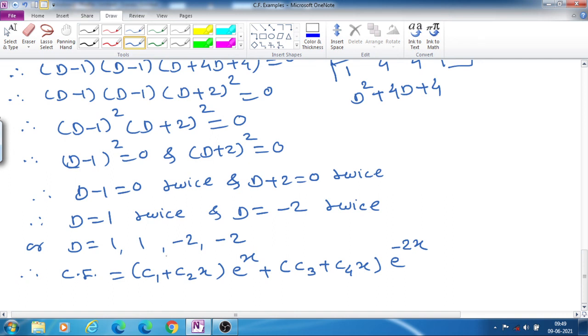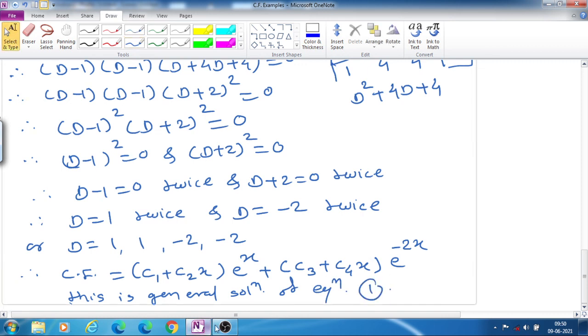So this is our complementary function, or the general solution of the given equation, that is equation 1. So we stop here.